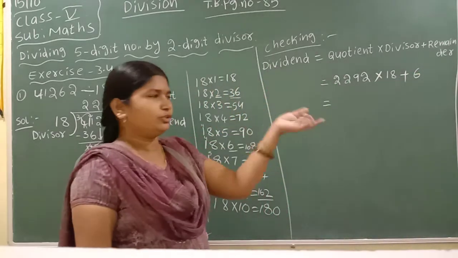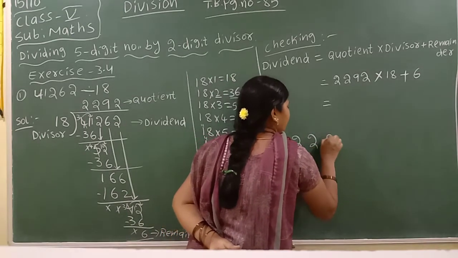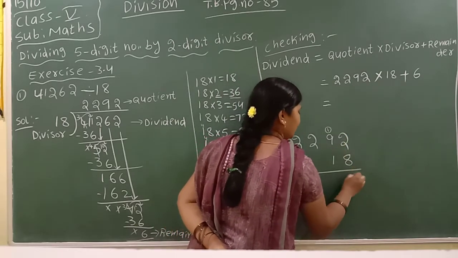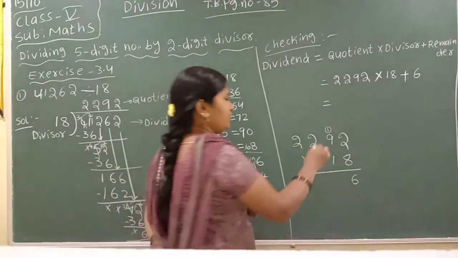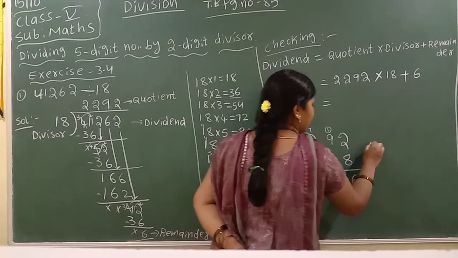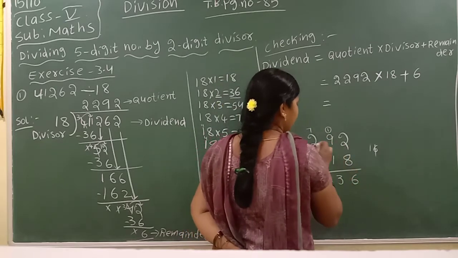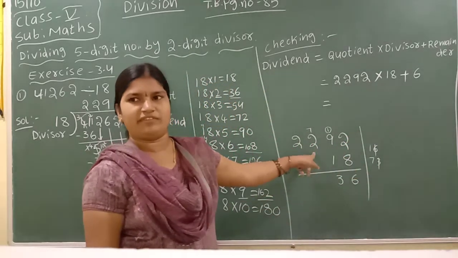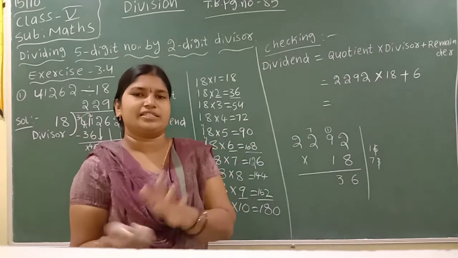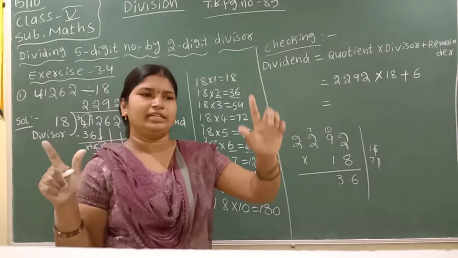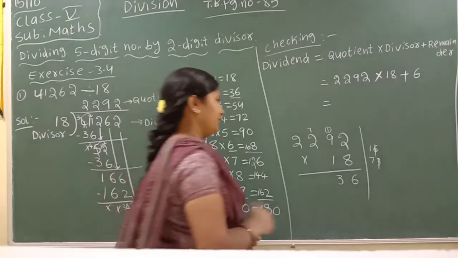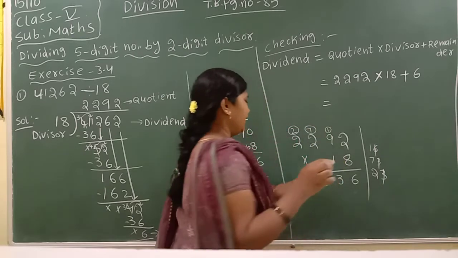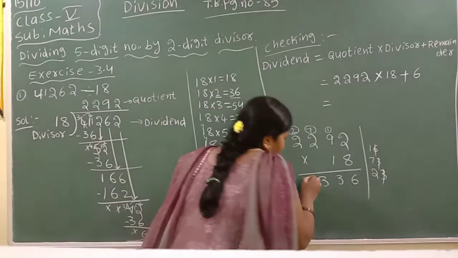Okay, if you want, you have to check this and you will get the same number. 2292 into 18. 8 twos are 16, 1 here, 6 here. 8 nines are 72, plus 1 is 73, 3 here, 7 is the carry. 8 twos are 16, plus 7 is 23, 3 here and 2 carry. Again 8 twos are 16, plus 2 is 18.